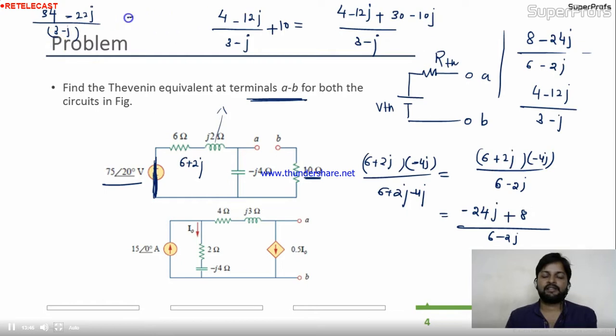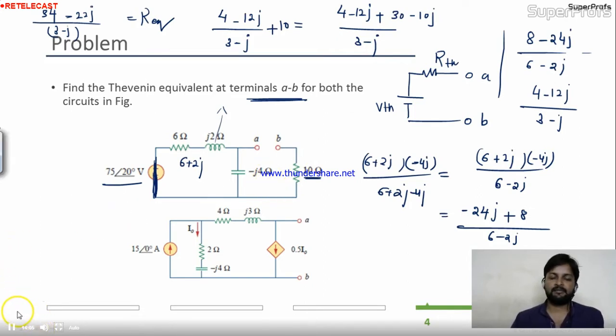Is it okay? This is nothing but your R equivalent. Your R equivalent is 34 minus 22j divided by 3 minus j. Is it clear to you? Okay, fine.